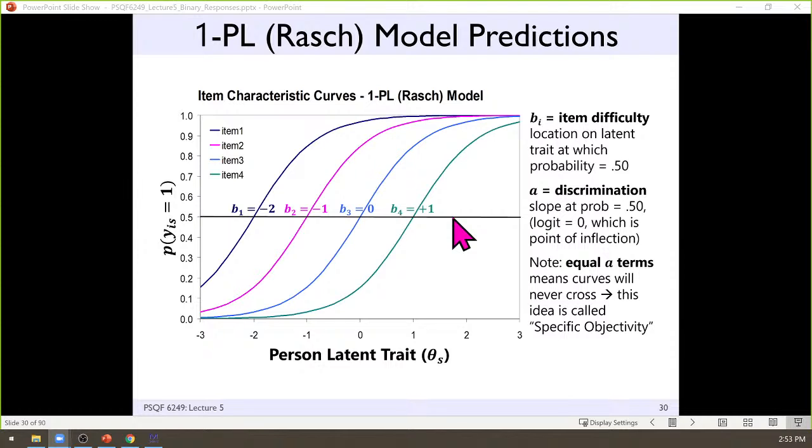Question, isn't that how the GRE works? Yeah, the GRE actually uses what's known as a 3-parameter model, where they have different slopes and they have different lower asymptotes. So where the item crosses, basically what the lowest possible probability would be expected to be for a theta of like negative infinity.